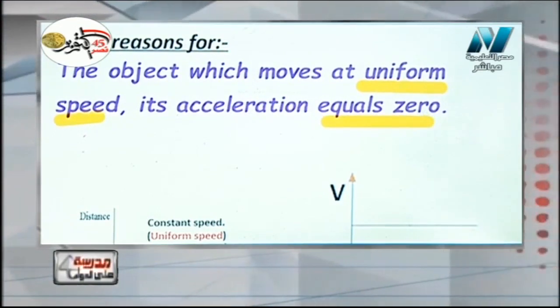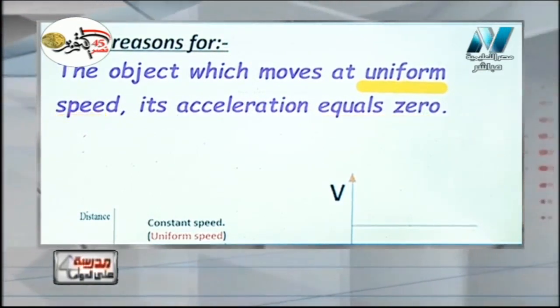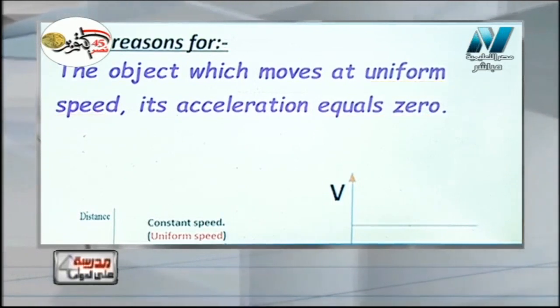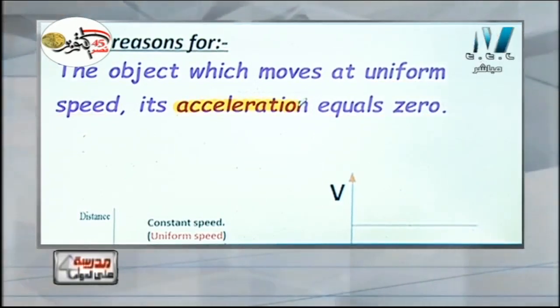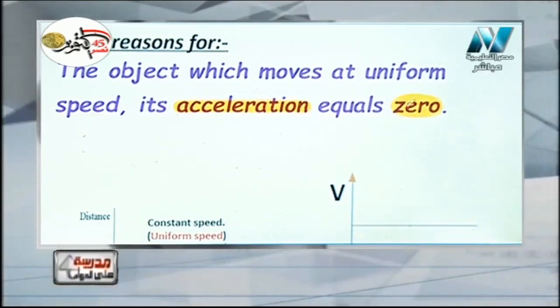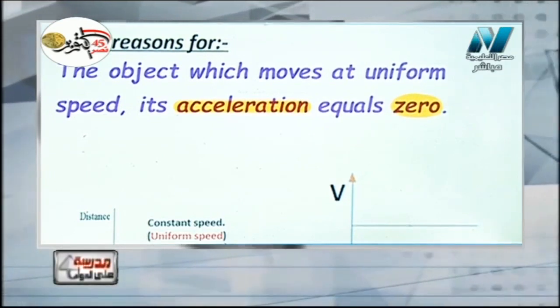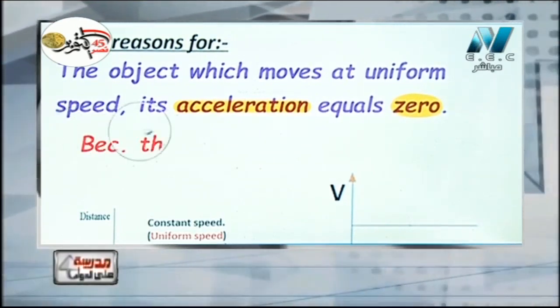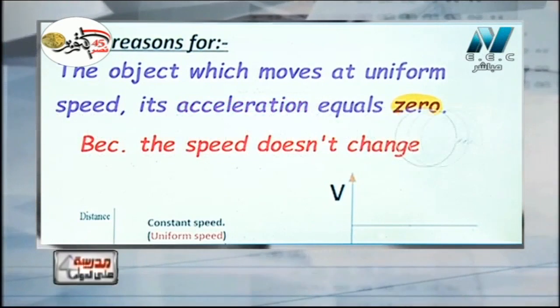We know what is meant by acceleration. Acceleration is the change of speed as time passes. So, acceleration equals 0, so we have no change in the speed. So we can answer: because its speed doesn't change.